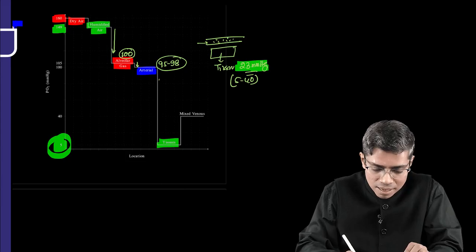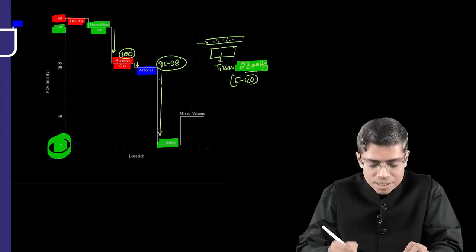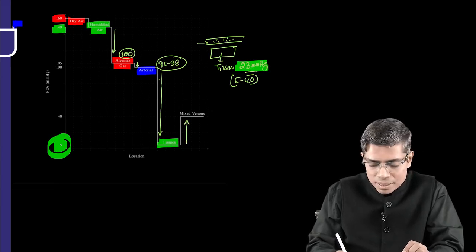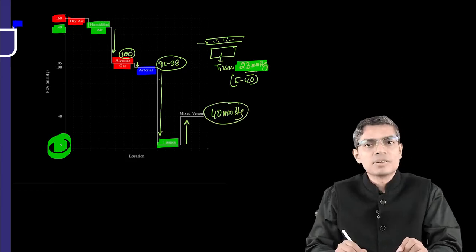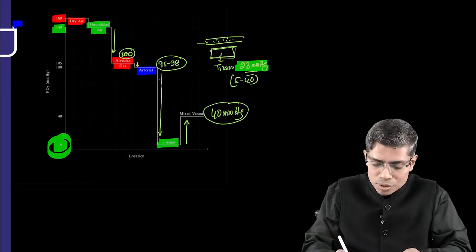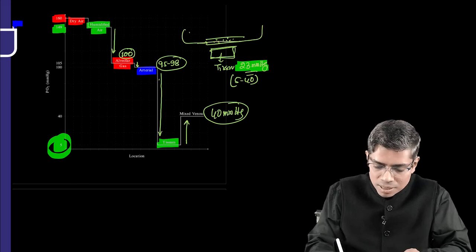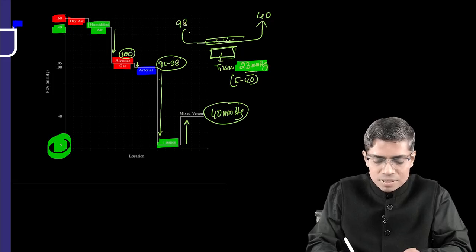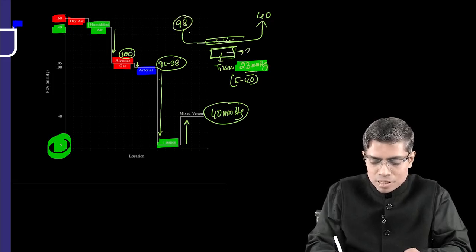So there is again a further drop of partial pressure of oxygen at the level of tissue, and then when you are going to the level of venous blood, the venous blood partial pressure of oxygen will be a little higher, that is 40 millimeter of mercury. Don't think that the partial pressure of oxygen is rising. No. This is at the level of tissue, and the blood is going from the arterial side to the venous side. The venous side pressure is 40, the arterial side pressure is 98, and at the level of tissue it is 23.